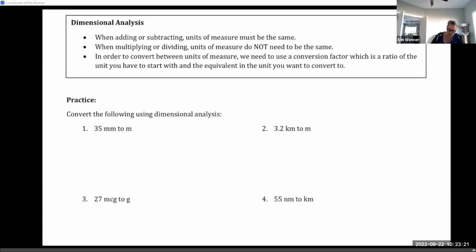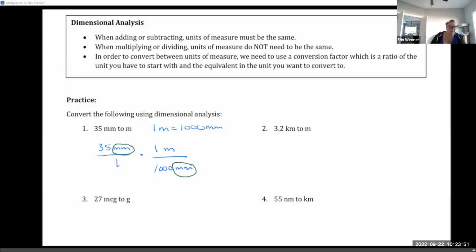So we want to convert 35 millimeters to meters. Well, we know that 1 meter equals 1,000 millimeters. So we can set up this conversion by saying 35 millimeters over 1 times 1 meter over 1,000 millimeters. I want you to pay attention to the fact that our unit of measure that we're trying to cancel is diagonal.